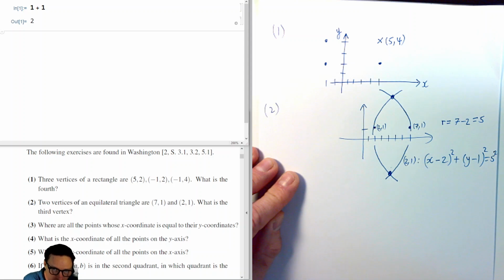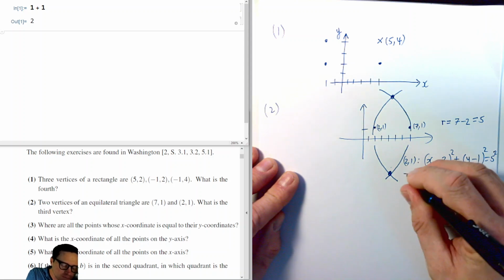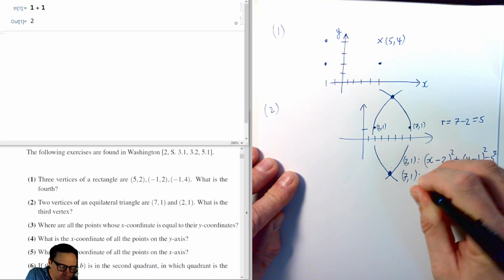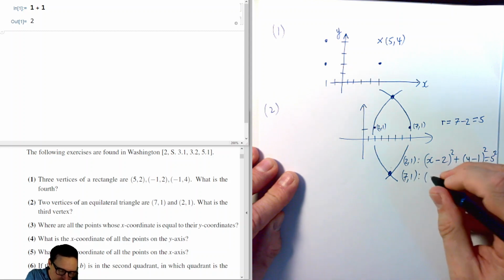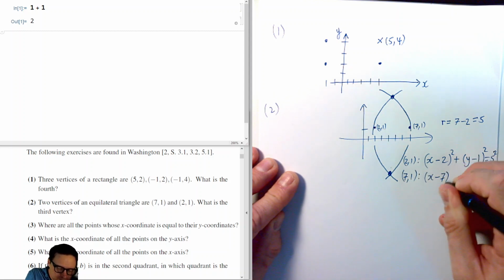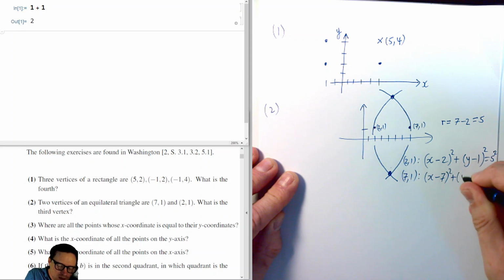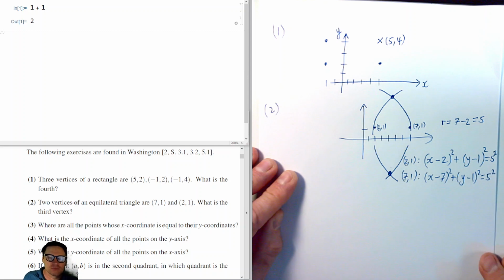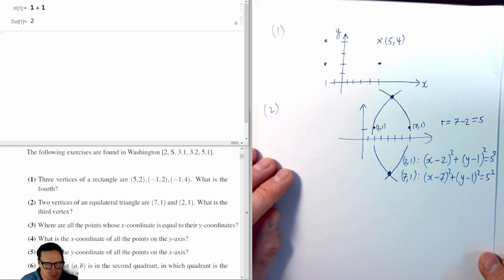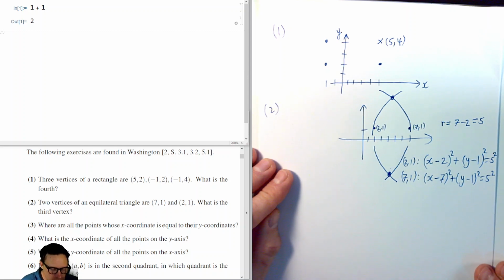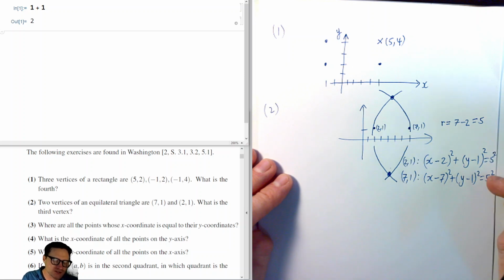Now the circle with center (7, 1) would be this circle, (x - 7)^2 + (y - 1)^2 = 5^2. Now what we want are the coordinates of the points of intersection. And so to solve this problem, what we can do is subtract one equation from another.